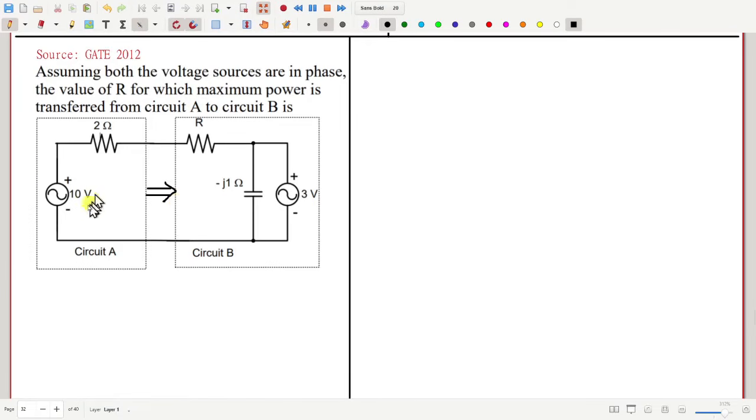First let me write this voltage as 10 angle 0 degree, in volt.